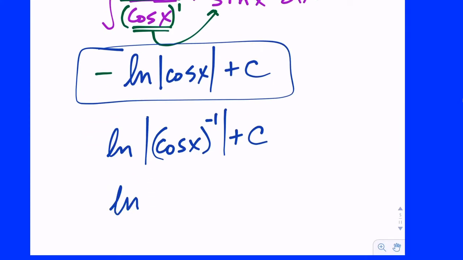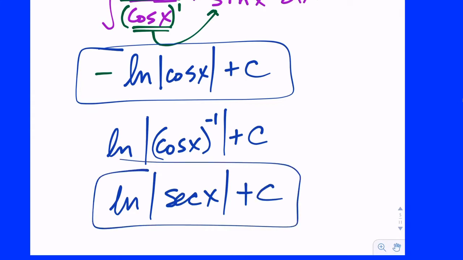That's why it's important to write it like that. The reciprocal of cosine is also known as secant. So it's also equivalent to the natural log of the absolute value of secant of x. Either one of them works. The negative natural log of the absolute value of cosine might be a little more useful in terms of identifying a multiple choice answer.